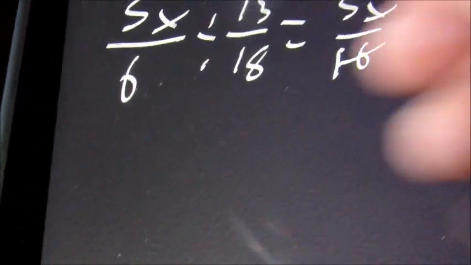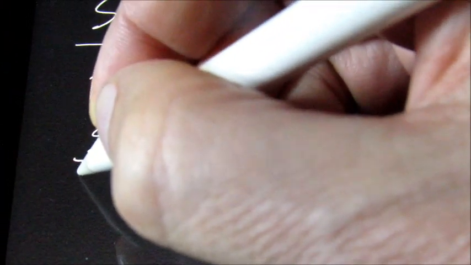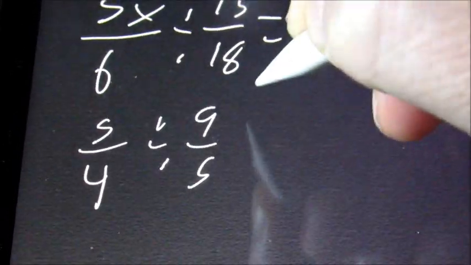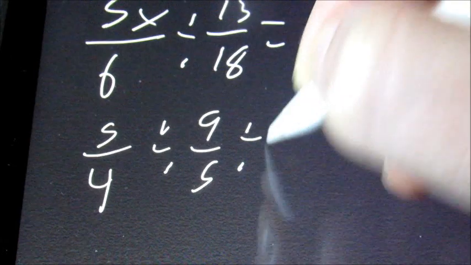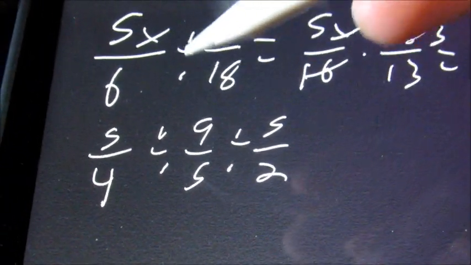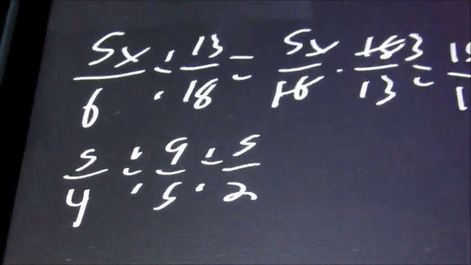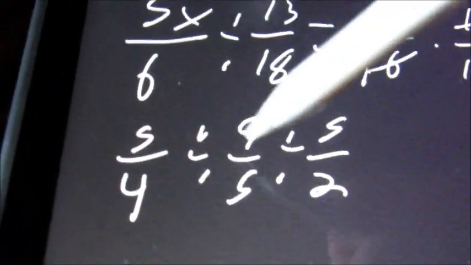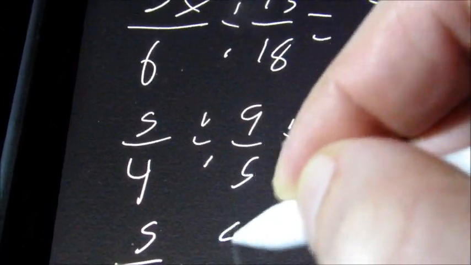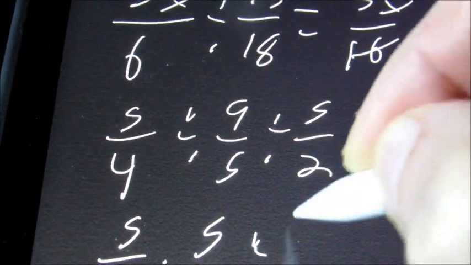Next, let's do one that has 3 numbers that we're dividing. 5 over 4 divided by 9 over 5 divided by 5 over 2. So here we can just flip. I'm going to do it in 2 steps. I'm going to first flip the first one. 5 over 4 times 5 over 9 divided by 5 over 2.